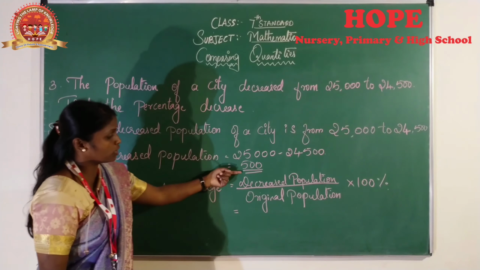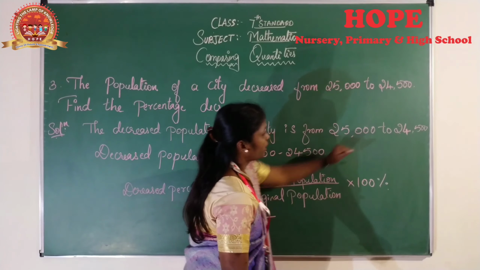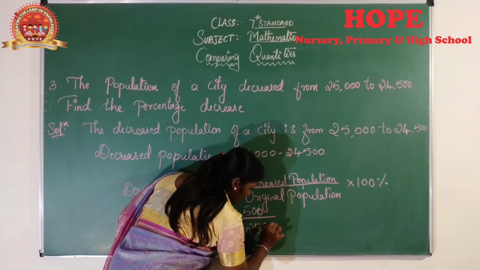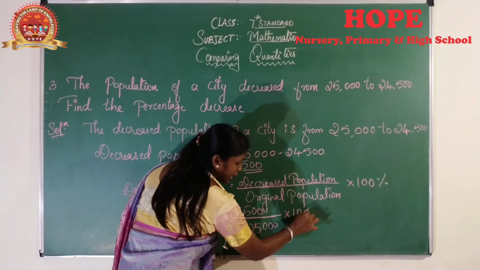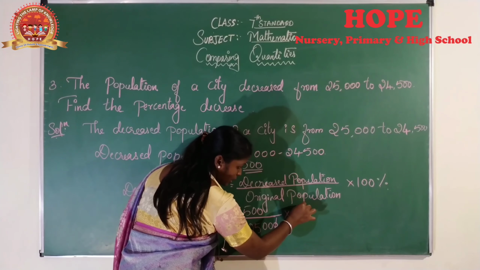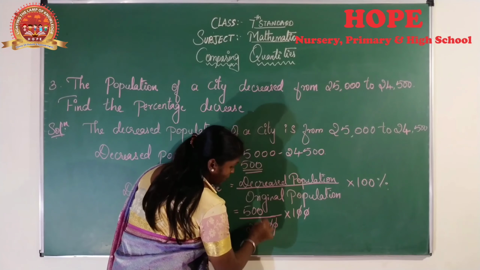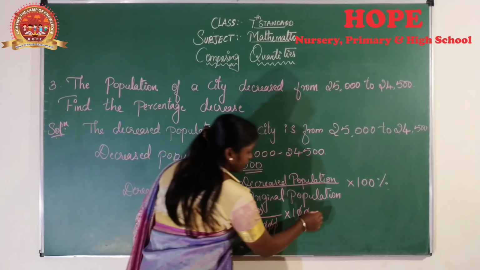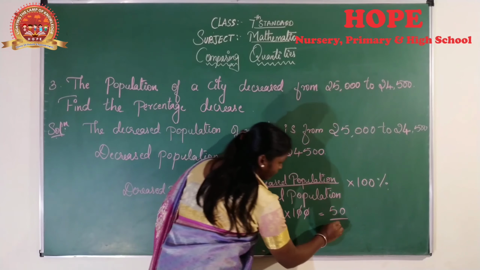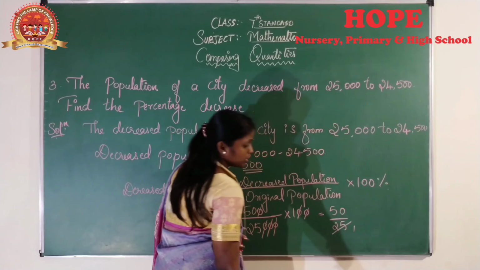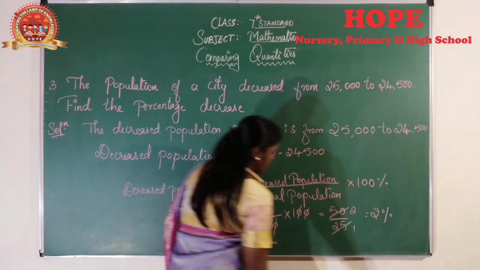So the decreased population is 500, the original population is 25,000, into 100. So cancel one 0 in the numerator and one 0 in the denominator, and again cancel one 0 in the numerator and one in the denominator. So the remaining is 50 by 25. 25 ones are 25, 25 twos are 50. So 2% of the population has decreased.